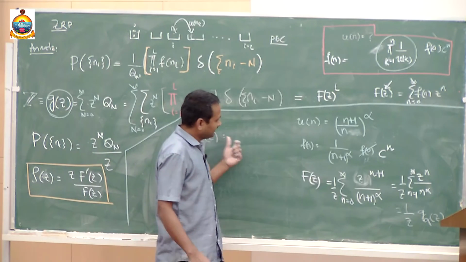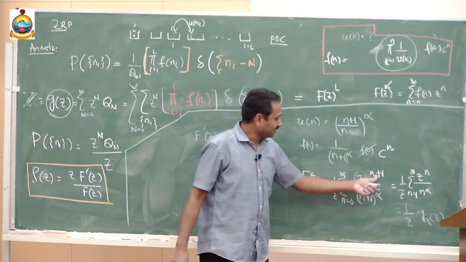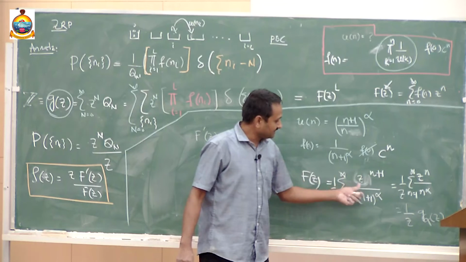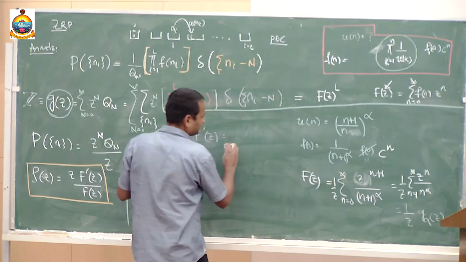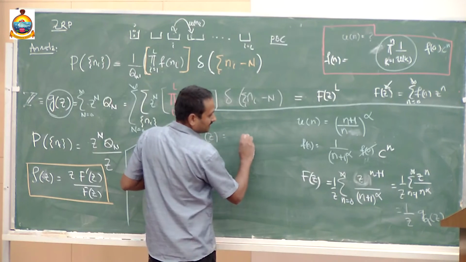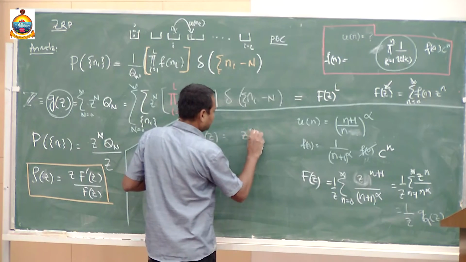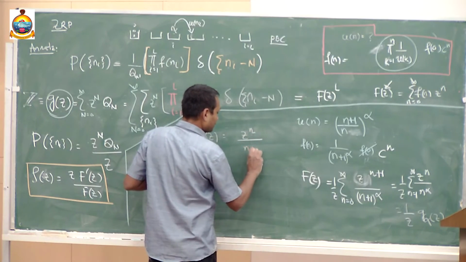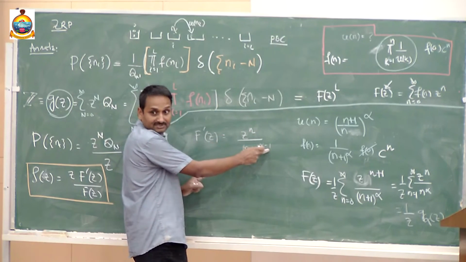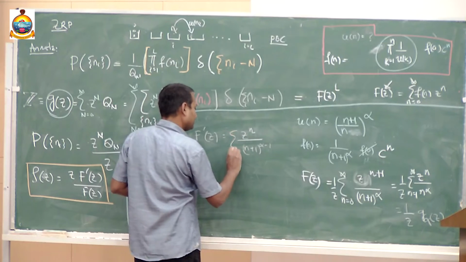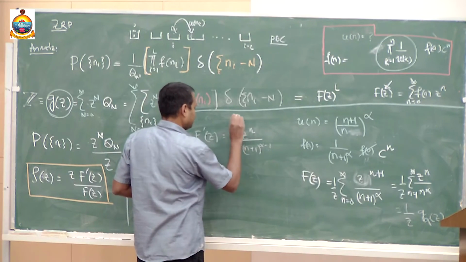F prime z is just, we have to differentiate with z. So this becomes n plus 1 here, that cancels with the one, alpha minus 1. So let us calculate this. F prime z equal to z to the power n divided by n plus 1 to the power alpha minus 1, because this n plus 1 comes here, cancels with this one, alpha minus 1, and summation over n equal to 0 to infinity. Okay.